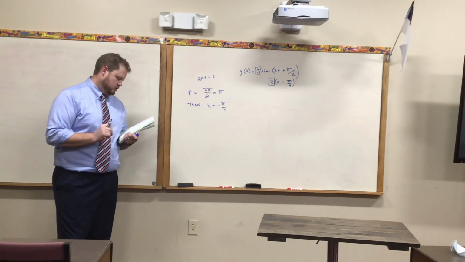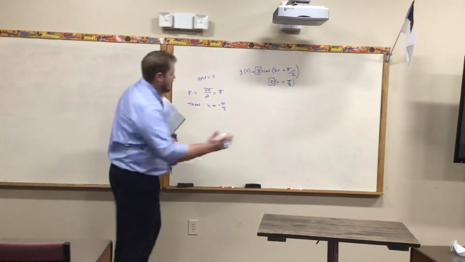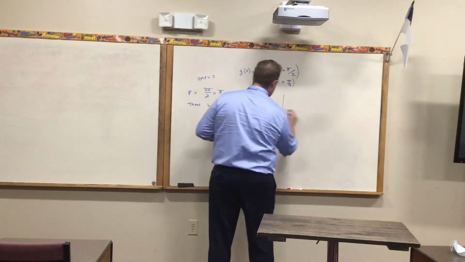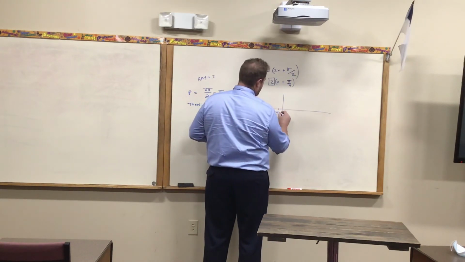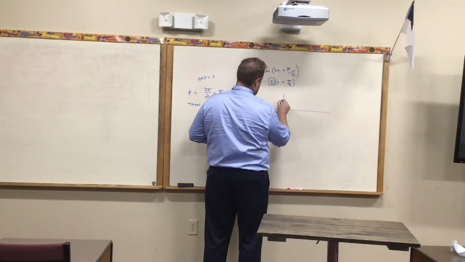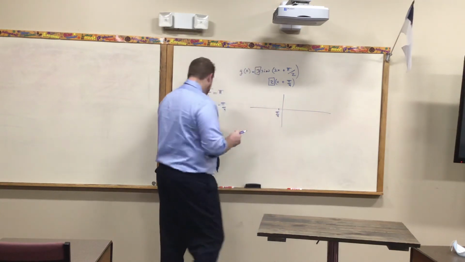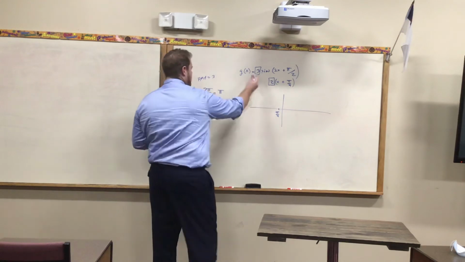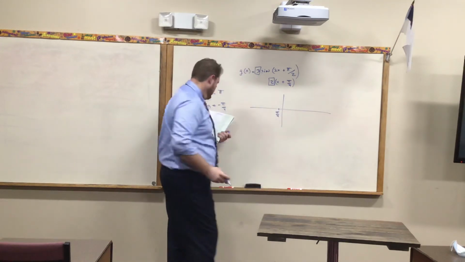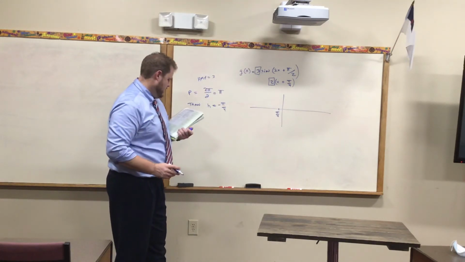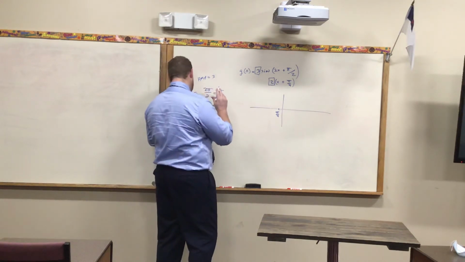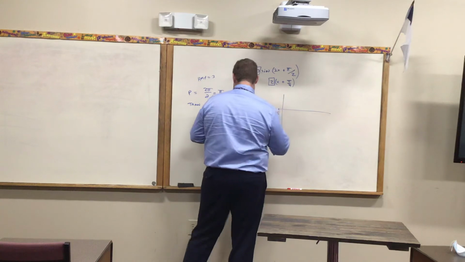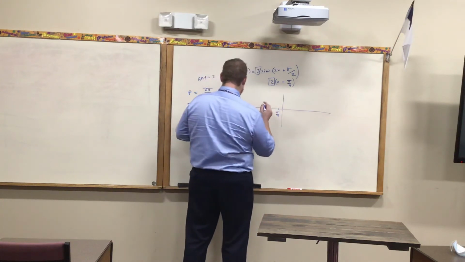So when we start the graph, it's going to start at negative pi over 4. Where does our sine wave start from? Does it cross the axis, or is it at the highest point at that axis? It crosses it, correct?